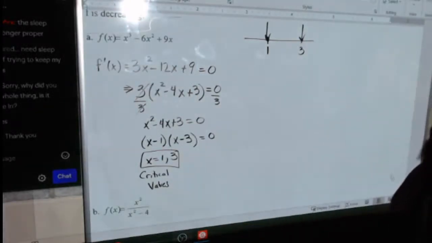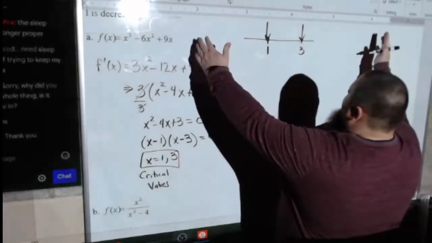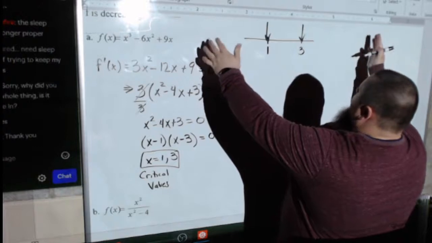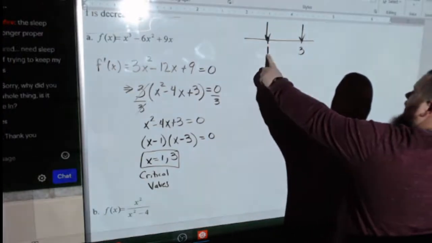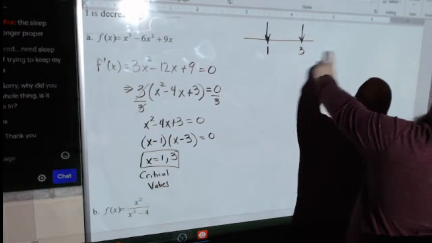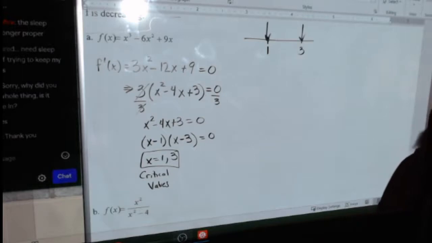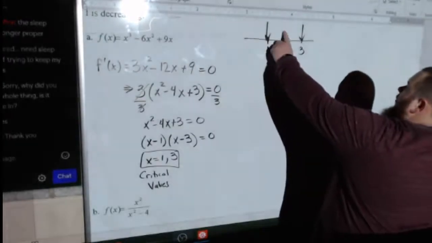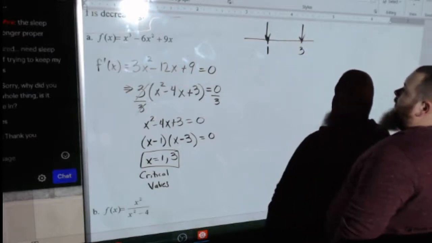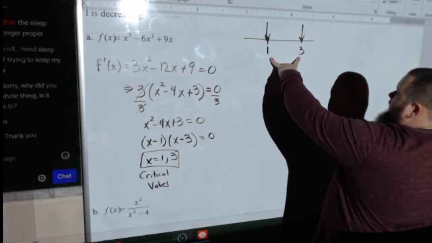And so in this case, I have taken my interval, which is -infinity to infinity, and I've broken it into 3 pieces. I've got -infinity to 1, 1 to 3, and 3 to infinity. My job now is to say, what is the sign of the slope in all 3 regions? We know that the slope at 1 and 3 is 0.